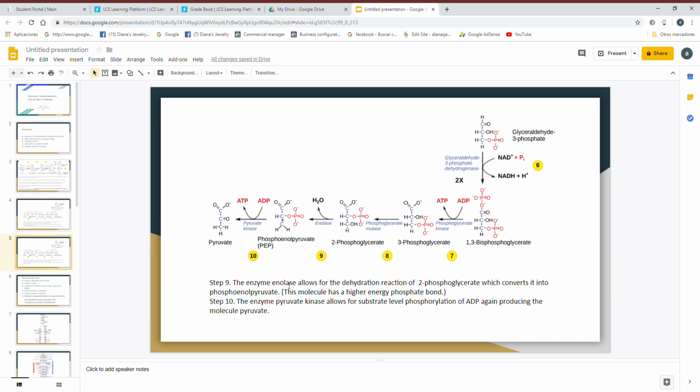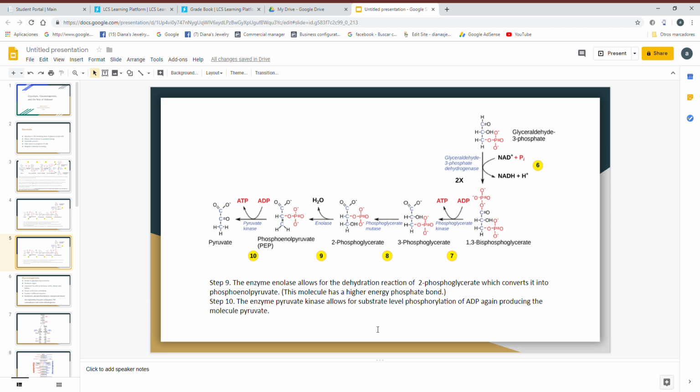So then the last two steps. In step 9, the enzyme enolase allows for the dehydration reaction of the 2-phosphoglycerate, which converts it into phosphoenolpyruvate. And this molecule has a higher energy phosphate bond. In step 10, the enzyme pyruvate kinase allows for substrate level phosphorylation of ADP, producing the molecule pyruvate.